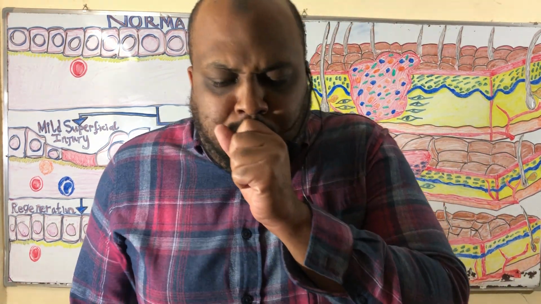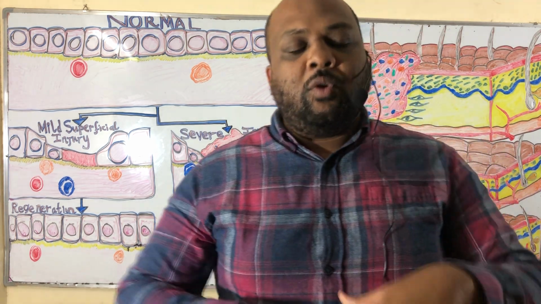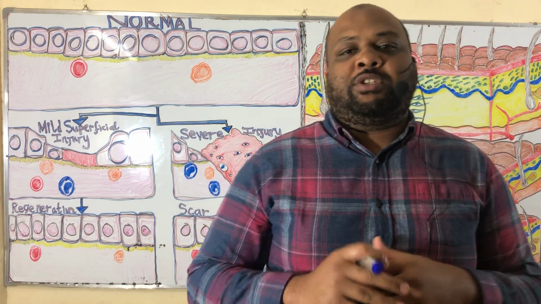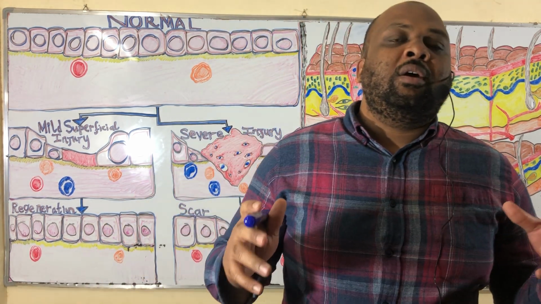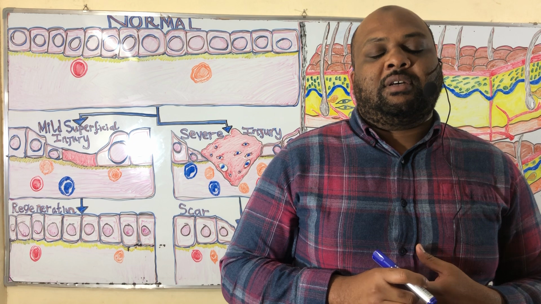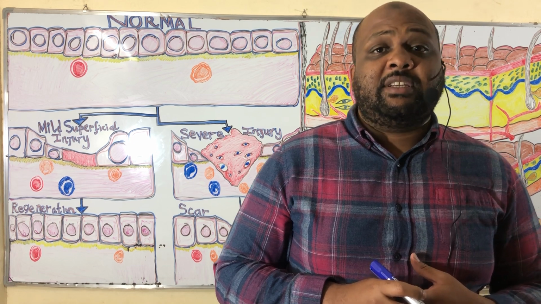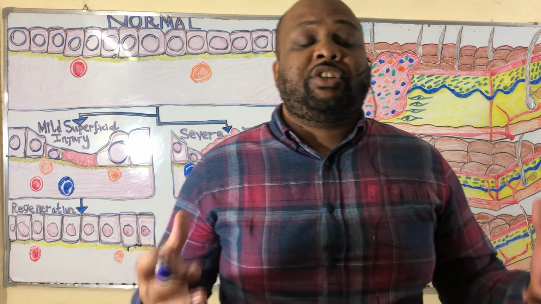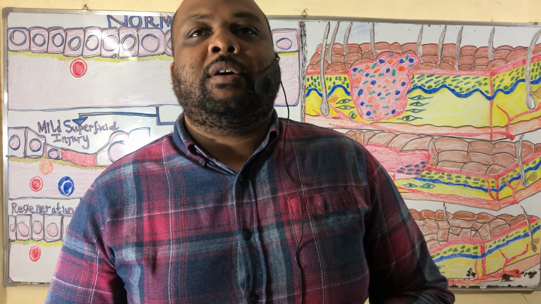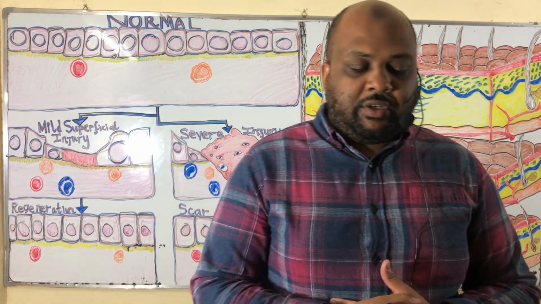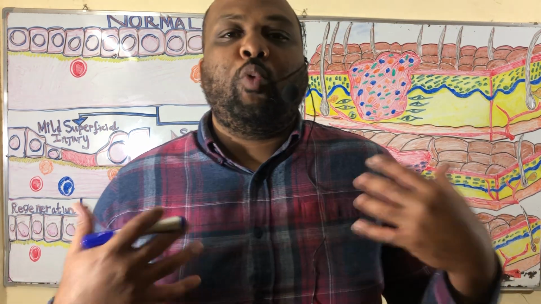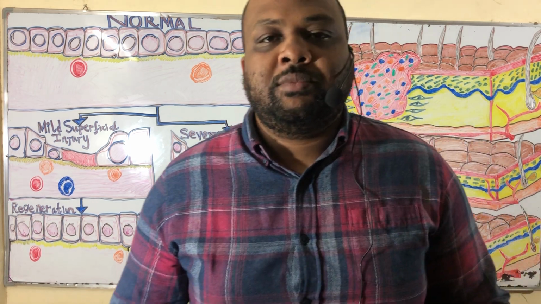However, if all of these stressful stimuli we talked about come all at once at the tissue, or maybe the intensity of these stressful stimuli is just so severe, or maybe the duration where these stressful stimuli were applied to the cell was just very long, what happens is the cell will now become overwhelmed, and when the cell is overwhelmed, it becomes damaged.